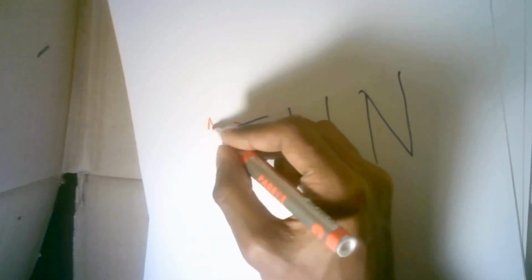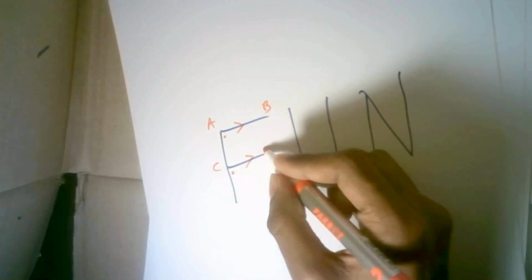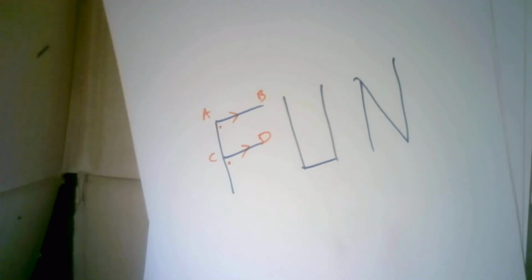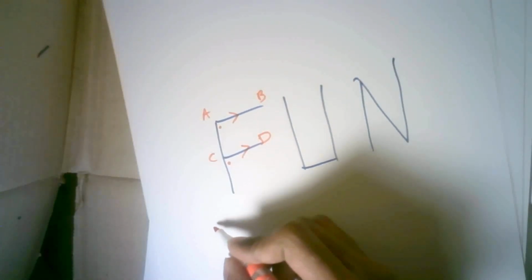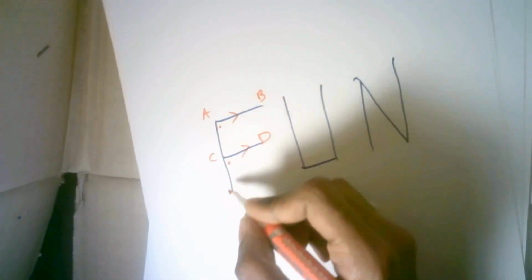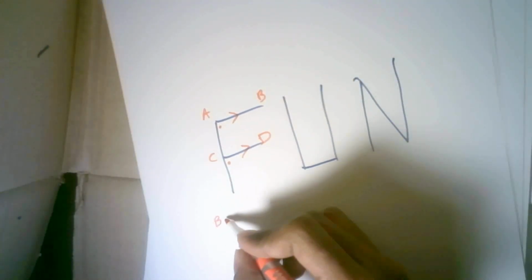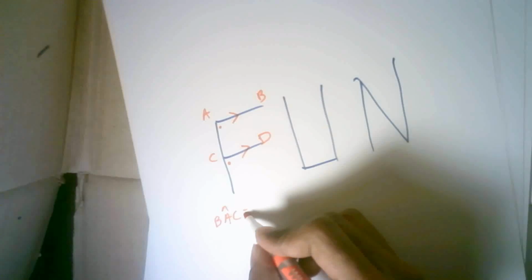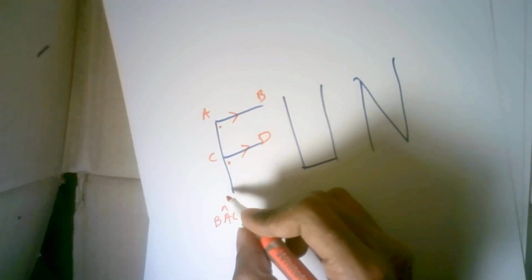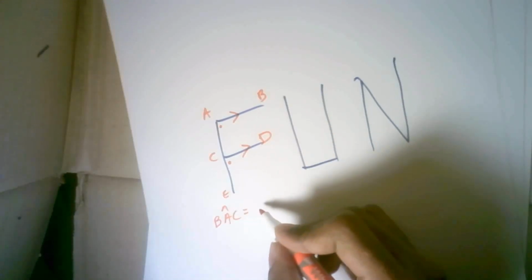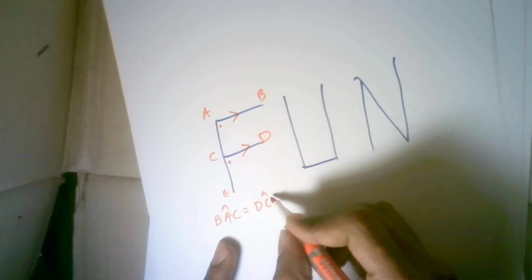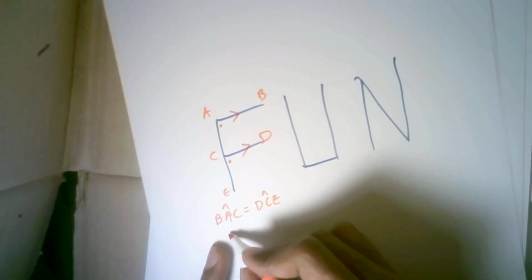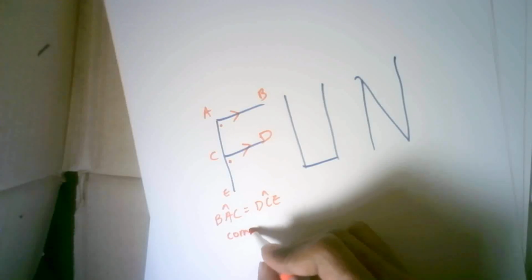So let's call this A, B, C, D. So I can conclude that this angle, let's call it angle BAC, is equal to this angle, let's call it angle DCE, and the reason for that is corresponding angles.